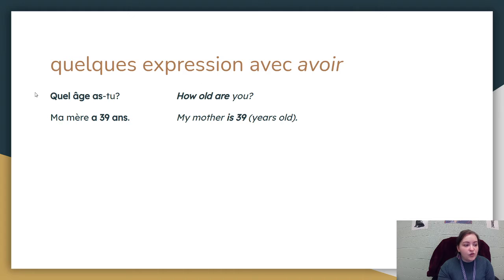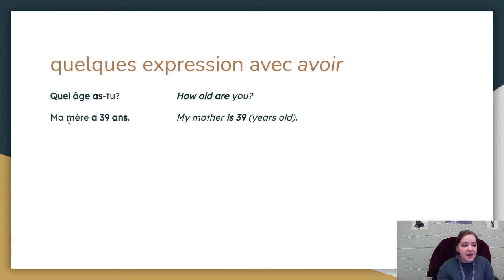For instance, if I ask you quel âge as-tu, I'm asking how old you are. So you can see we use avoir here. What age do you have? And then the answer to this question would be j'ai 16 ans. I am 16. I have 16 years.